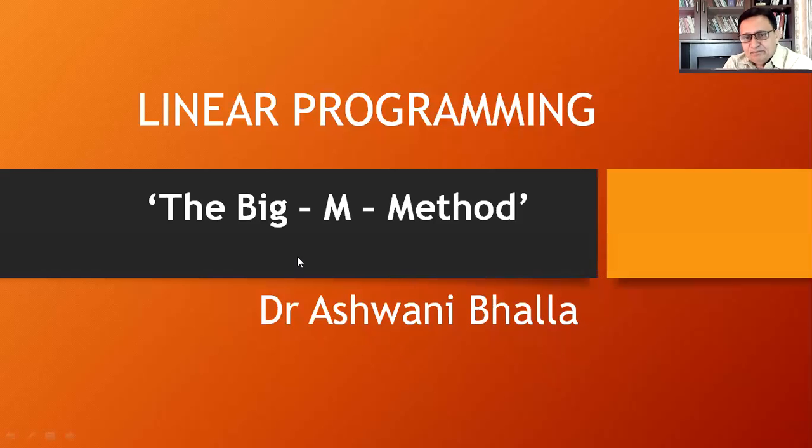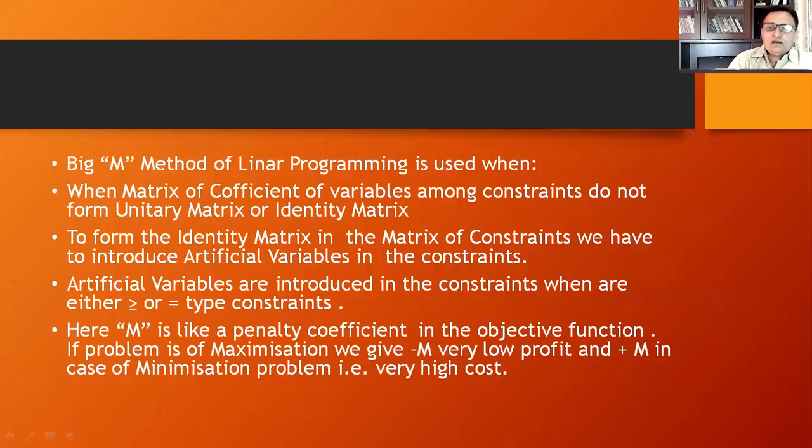As far as the Big M method is concerned, the Big M method of linear programming is used when the matrix of coefficients of variables among constraints does not form a unitary matrix or identity matrix. I have already told you in the day before yesterday's lecture what we mean by the identity matrix or the unity matrix.